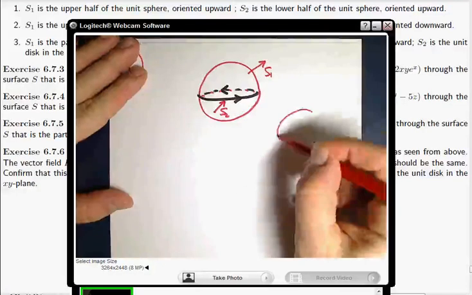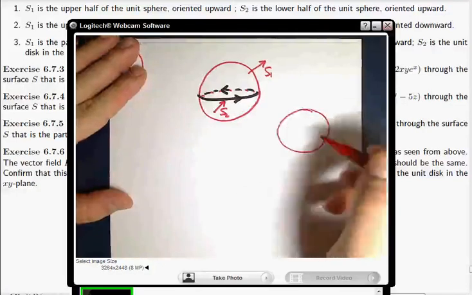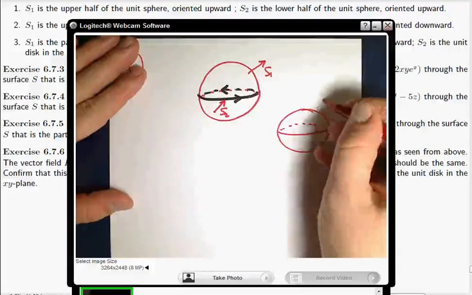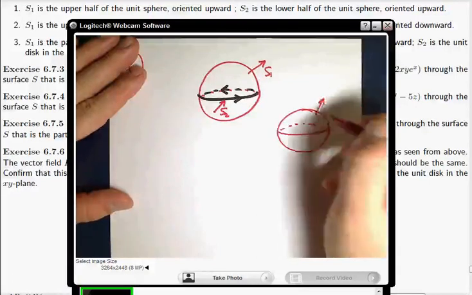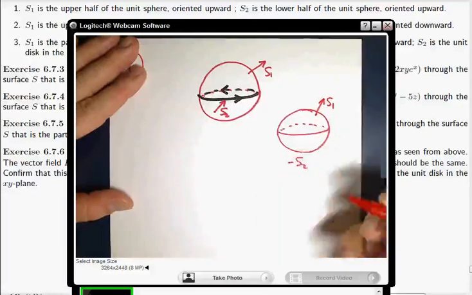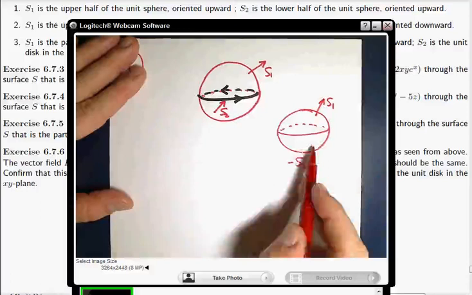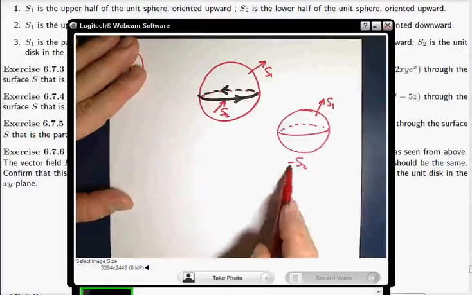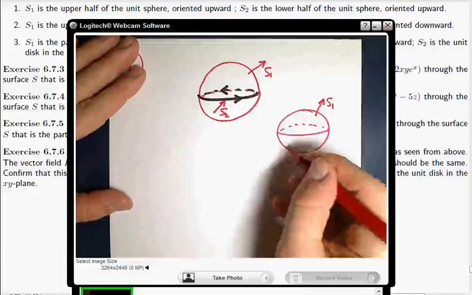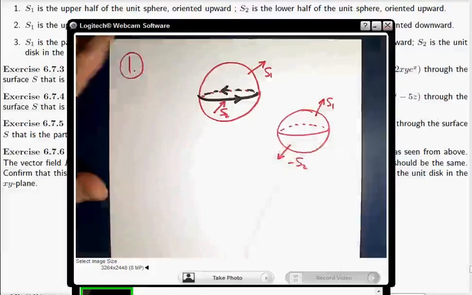Well, S1 minus S2 is going to look a lot like that. It's just S1, so it's that up there. And now minus S2 looks a lot like S2. It's the bottom half of the sphere, but it has the opposite orientation from S2. S2 is oriented that way. That means that minus S2 is oriented that way.